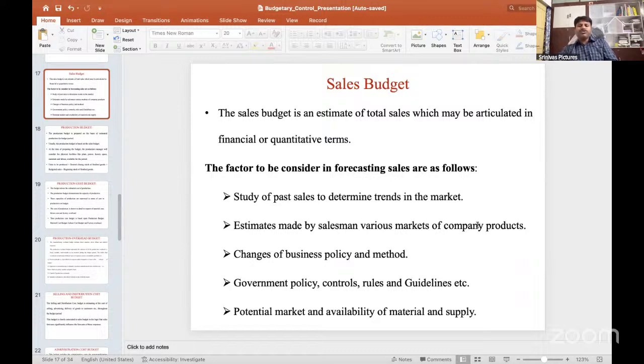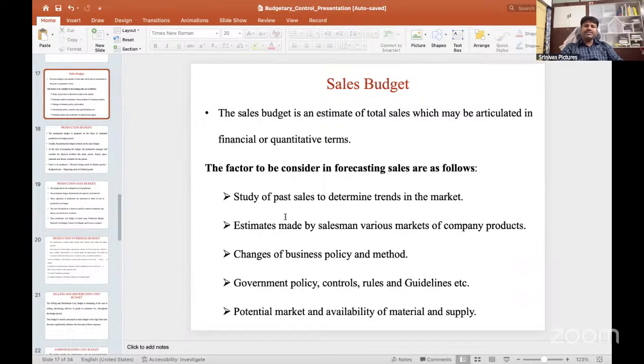The factors to be considered for forecasting of sales: first we need to study the past sales, then determine the trends of the markets, and estimate the demand of salesmen, various markets for the company's products, changes in business policies and methods, government policy, controls, rules and regulations, and potential market.